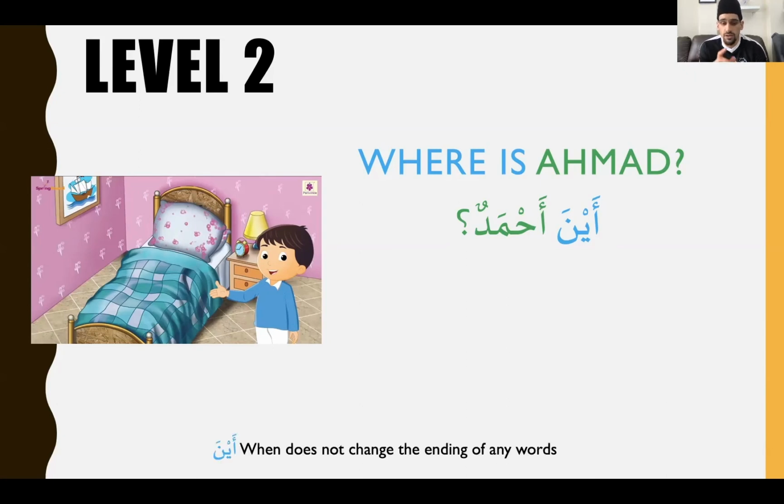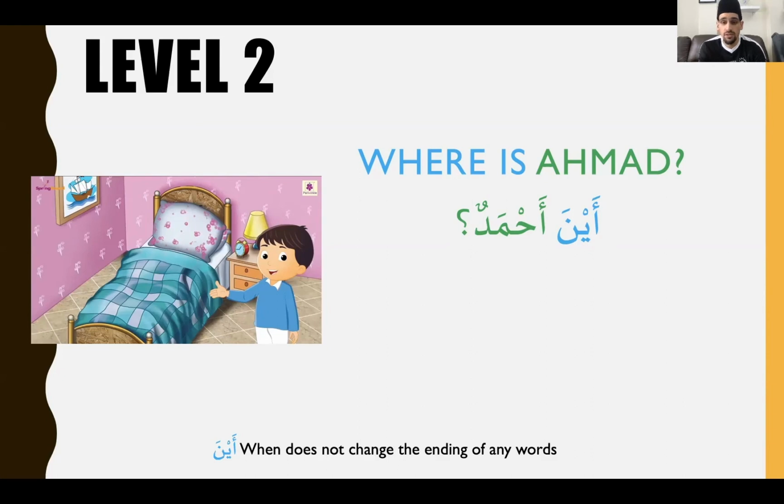Another point to remember, when you use the word Aina, it doesn't change the ending of the word. Because it's a question, it has no effect on any word. So Aina Ahmad won't become Aina Ahmadin or Aina Ahmadan. It will be the same.